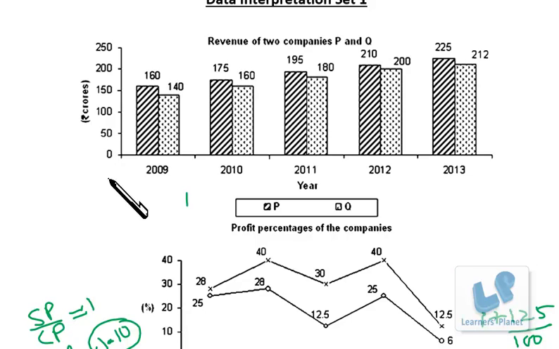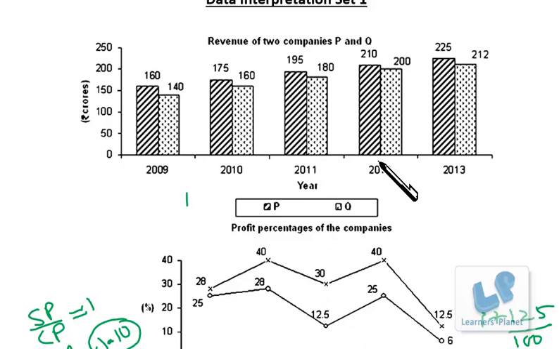See here, if you talk about year 2009, so 160, 140, 28 and 25, we are getting better than this over here, 175 and 160, 40 and 28, right? So 2009 can be discarded. Then from 175 and 160 we are getting better than this over here, but the percentage is low, so 2011 can be discarded because in revenue there is minute difference but the percentage drop is too much.